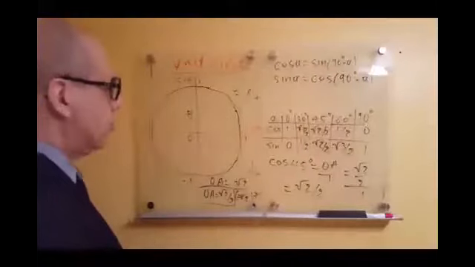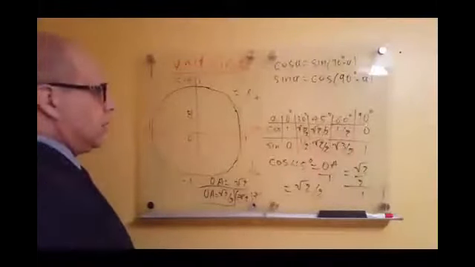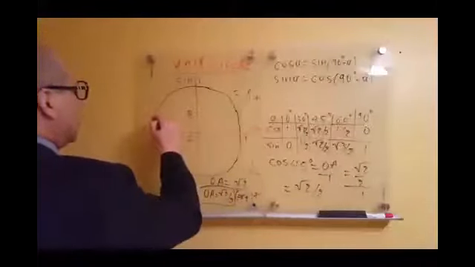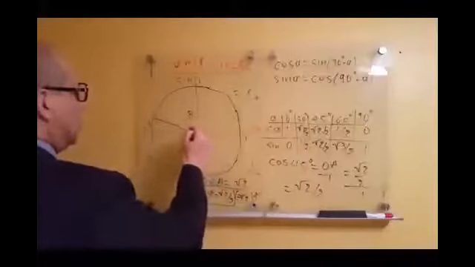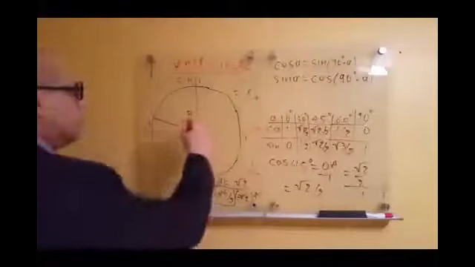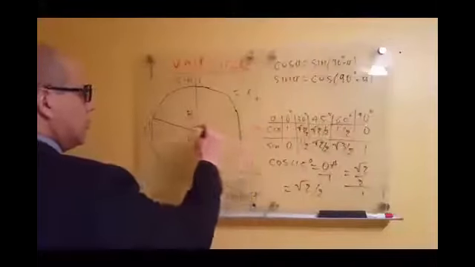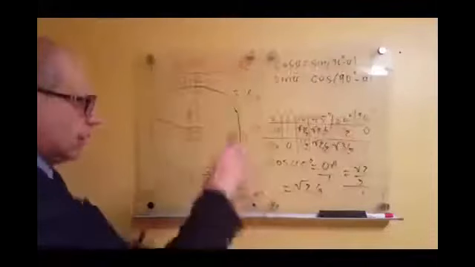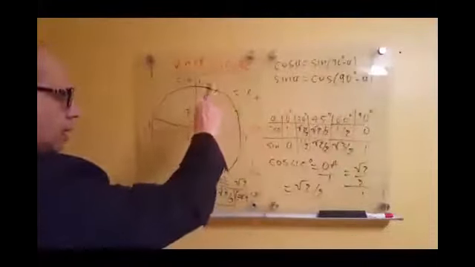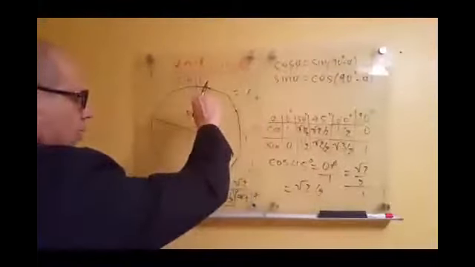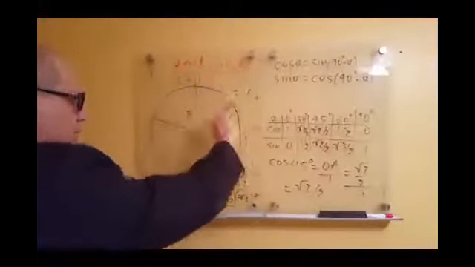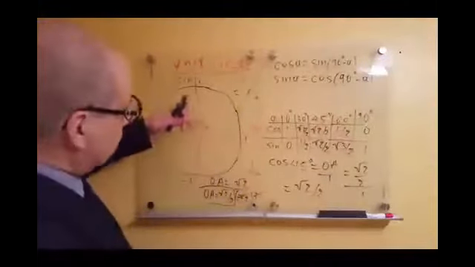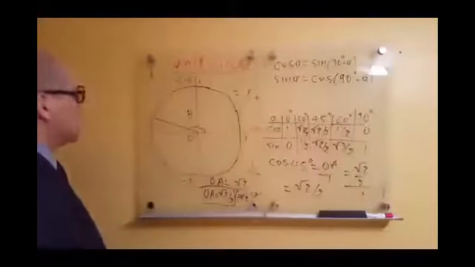So let's say, for example, you want to find the cos of this angle here, and you want to express it in terms of the trigonometric numbers that are in the first quadrant, so angles between 0 and 90 degrees.